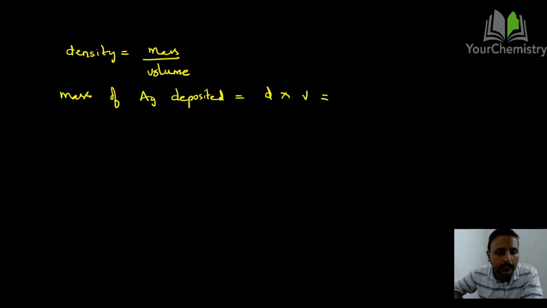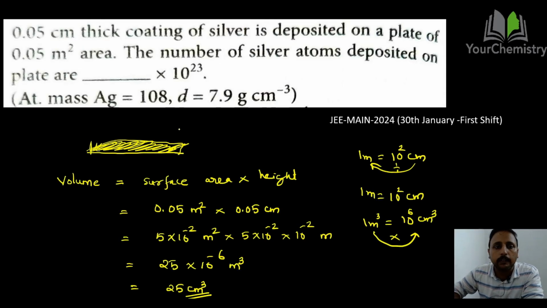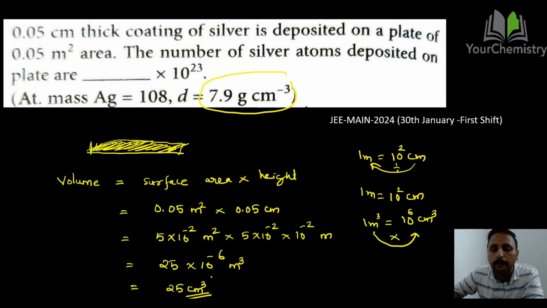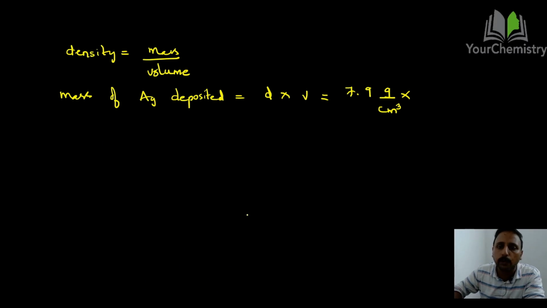What is the density given in the question? It is given in the bracket here, 7.9 gram per centimeter cube, and we have just found out the volume in centimeter cube. You might have understood why I converted back into centimeter cube: for unit purposes.